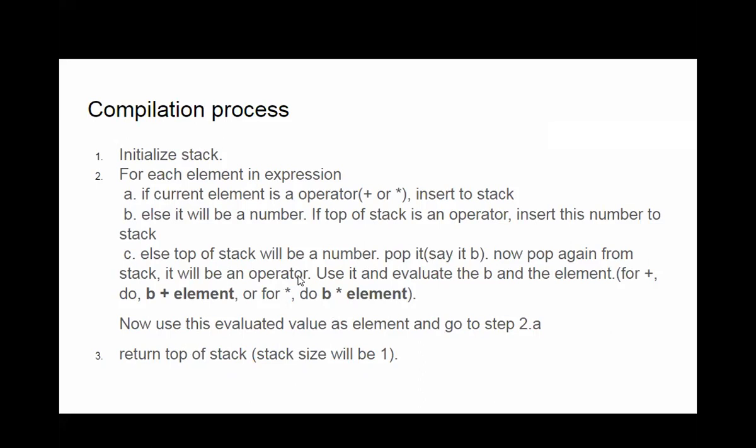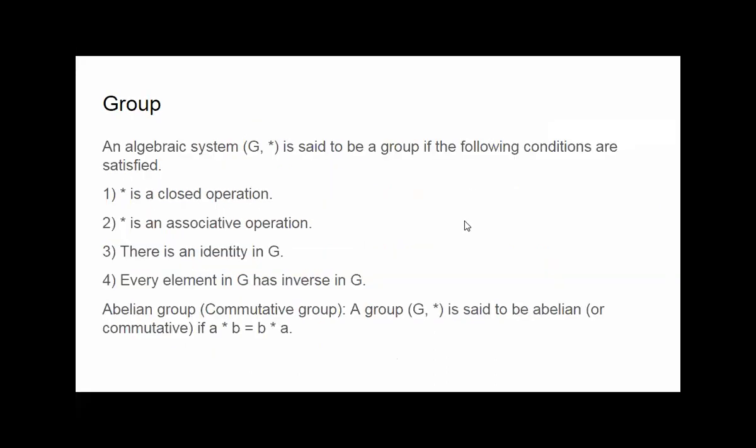It is a simple process, the evaluation process. We have seen that with the help of an example. Okay, now the next topic we are going to see is groups. In the last unit we have seen what algebraic systems are.